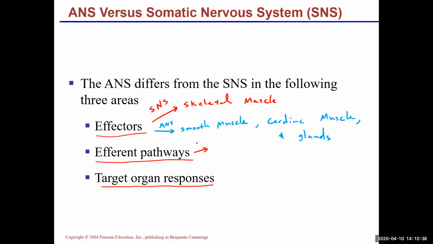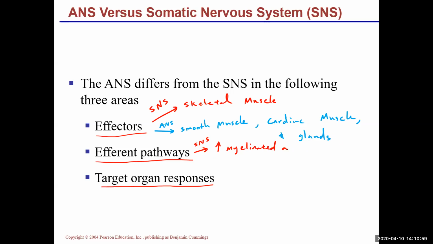The motor neurons in the SNS, somatic nervous system, have heavily myelinated axons. What is a myelinated axon?